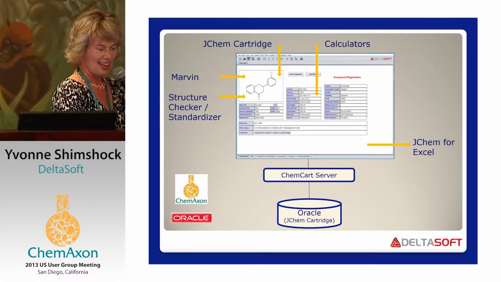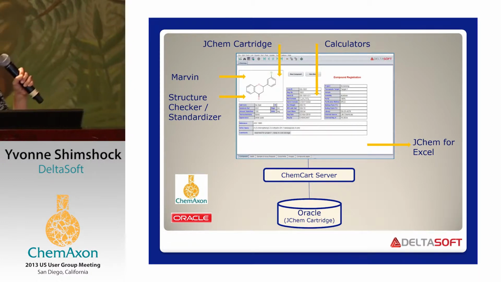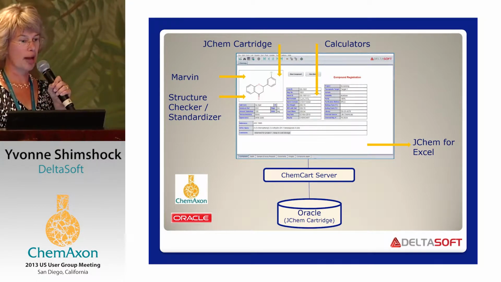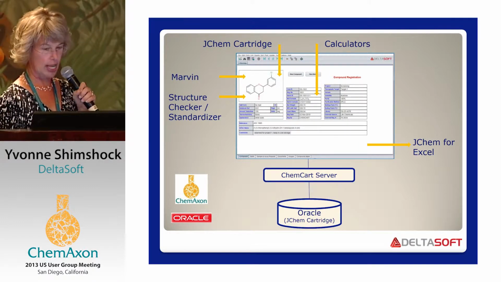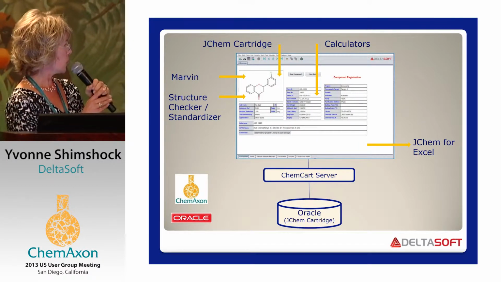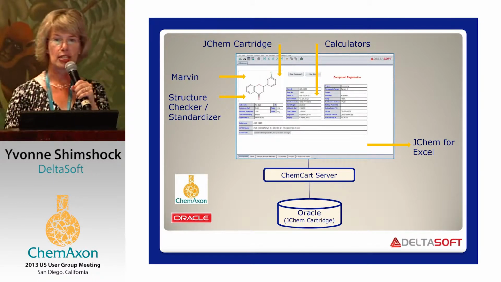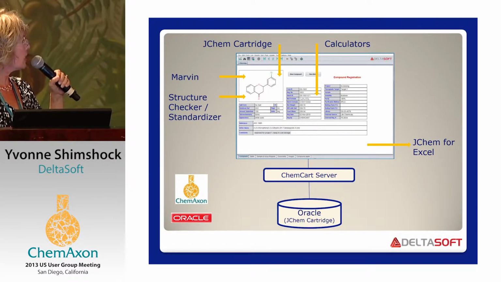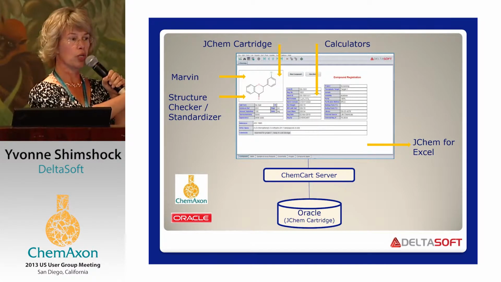Okay. The integration with the ChemAxon components. What I'm showing you here is just a quick overview of the architecture. So you have the web interface on the front end. There's a middle tier server, and then you have an Oracle database with the chemistry cartridge on the back end. You can see here that we're using the JChem cartridge for the structure storage and searching.